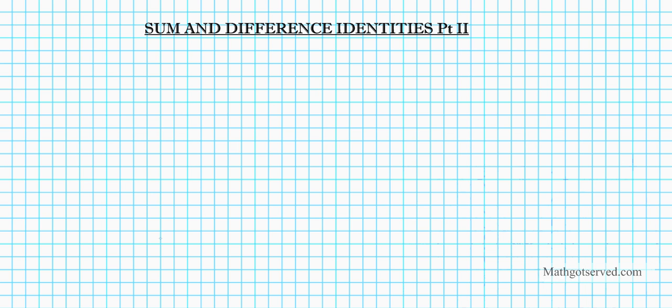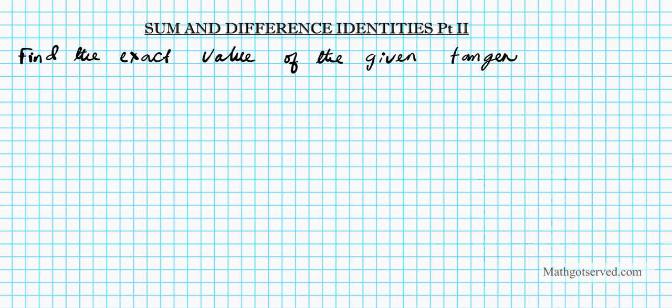So the task is to find the exact value of the given tangent expression in two different ways.